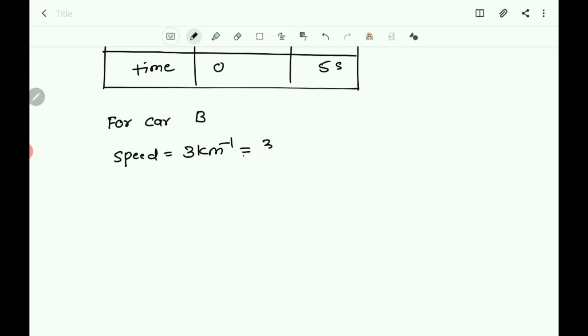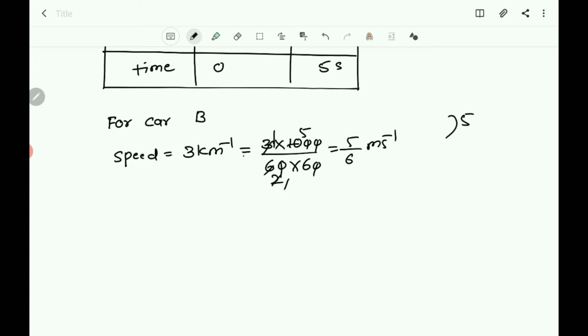That is equal to 3 into 1000 by 60 into 60. So here it becomes 3 ones are 3, 3 twos are 6, and you will get 5 by 6 ms to the power of minus 1.